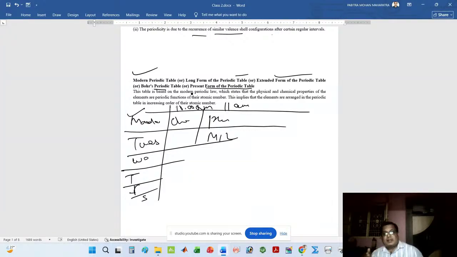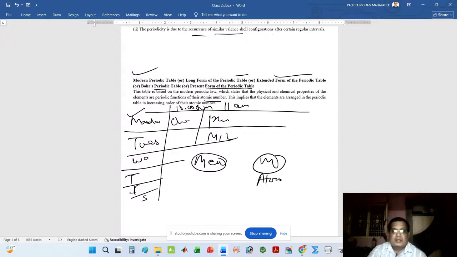The only difference between Mendeleev's periodic table and the modern periodic table is atomic mass and atomic number. The modern periodic table depends upon atomic number, but Mendeleev's periodic table depends upon atomic mass.